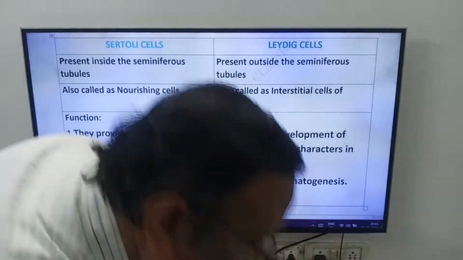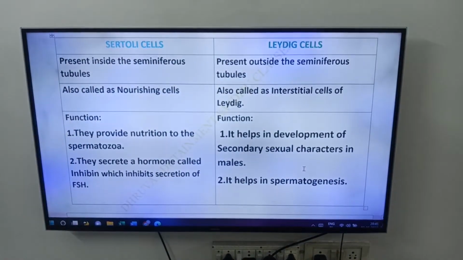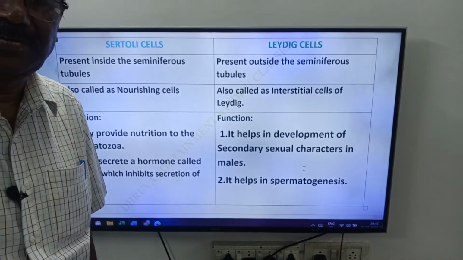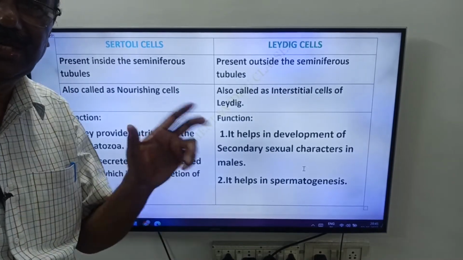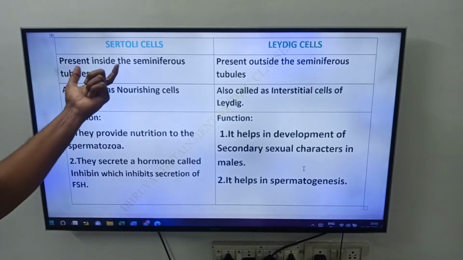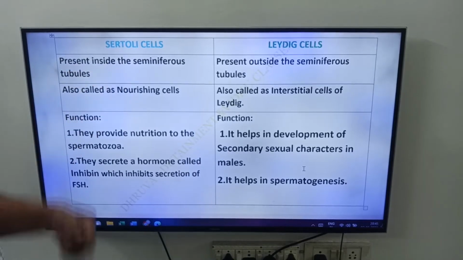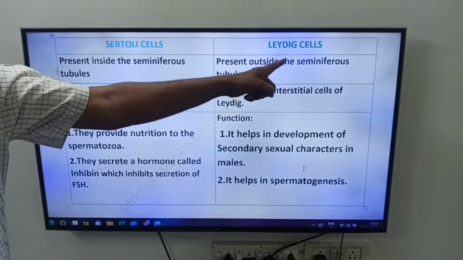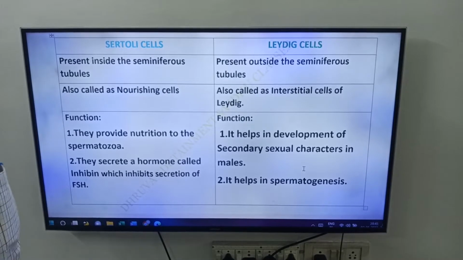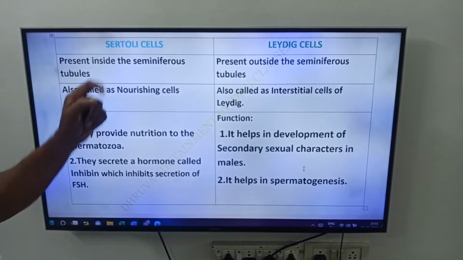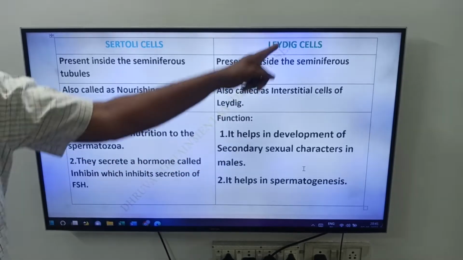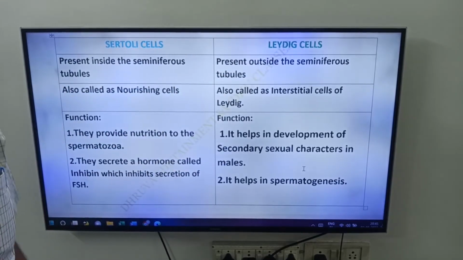Now see, friends, the difference between Sertoli cells and Leydig cells. Sertoli cells are present inside the seminiferous tubule. Leydig cells are present outside the seminiferous tubule. Sertoli cells are also called nourishing cells. Leydig cells are also called interstitial cells of Leydig.